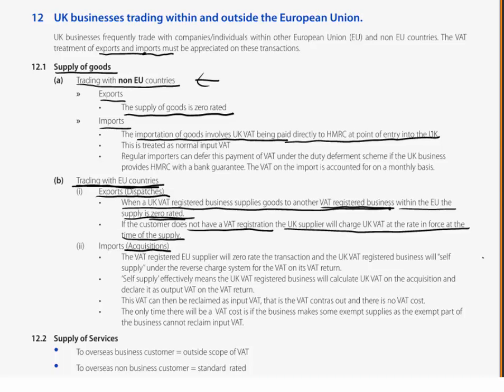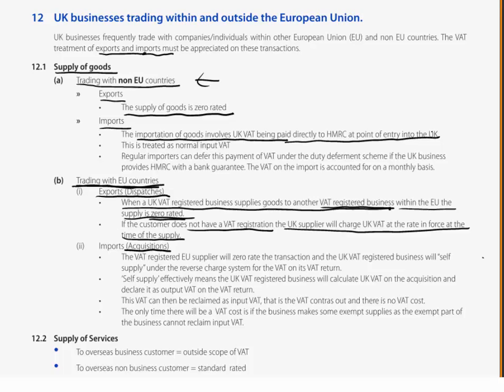So when we receive those goods to the value of £100,000, we'll have to pay to HMRC at that point of entry £20,000 VAT. So basically, whether we bought from the UK supplier or the Chinese supplier, our outlay of payments is the same. We'd have either paid directly £120,000 to the UK supplier, and the supplier would then have paid over £20,000 of that as VAT to HMRC, or we pay £100,000 to the Chinese supplier and then we ourselves pay £20,000 of VAT to HMRC.